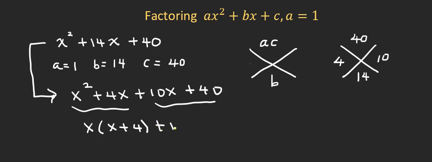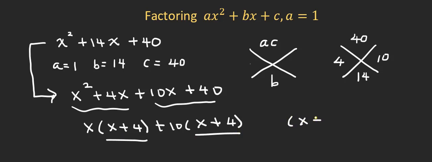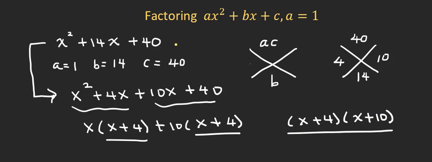It's positive 10. And you end up with quantity x plus 4. Notice we have x plus 4 and x plus 4. So you take out quantity x plus 4, and what's left over? x plus 10. And these two are the factors of x squared plus 14x plus 40.